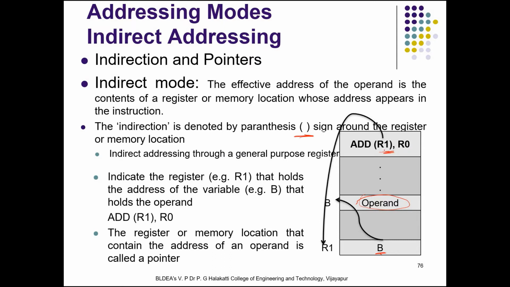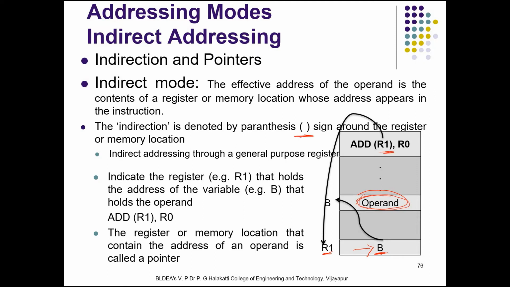Here the register that is containing the address of the variable where the operand is stored is called a pointer. So here R1 becomes a pointer which is pointing to B.